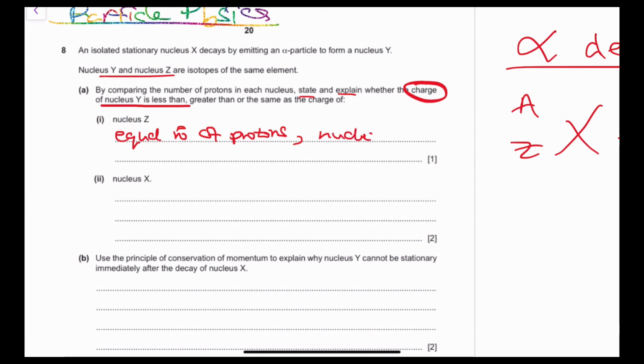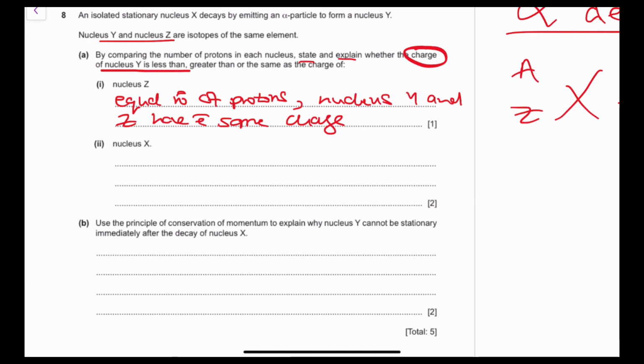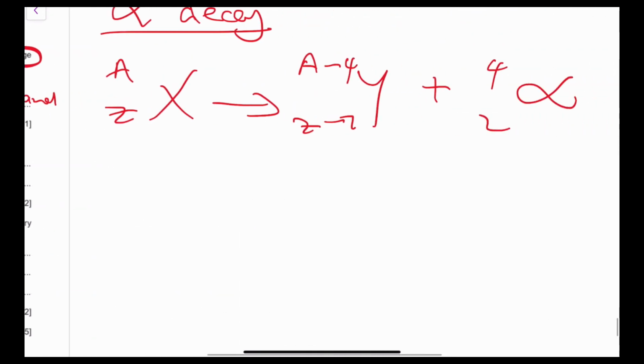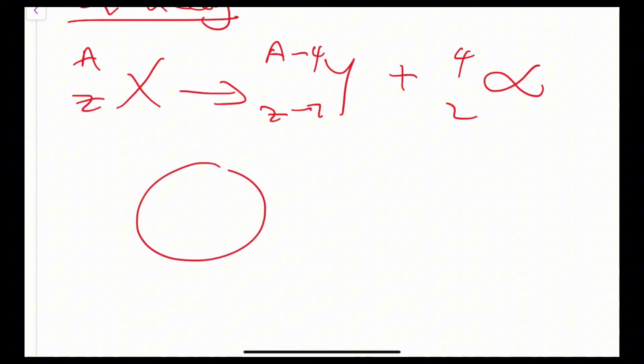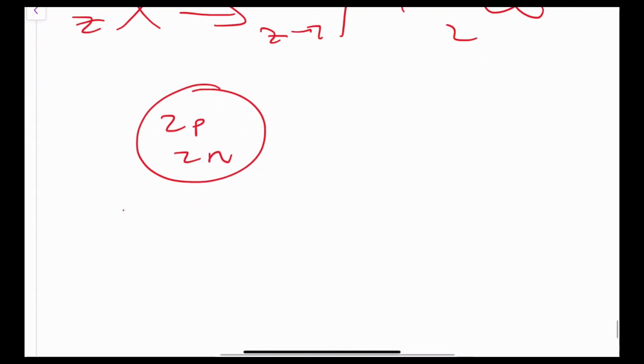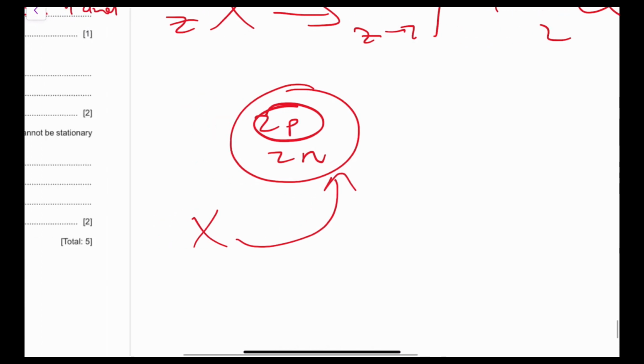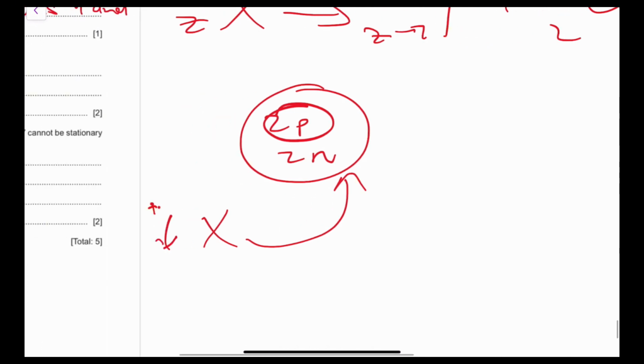Since they have an equal number of protons, nucleus Y and Z have the same charge. Very important. Comparing nucleus X, if it has undergone alpha decay, what happens? It loses 2 protons. An alpha particle basically consists of 2 protons and 2 neutrons. So nucleus X loses 2 protons, so its charge decreases by 2.